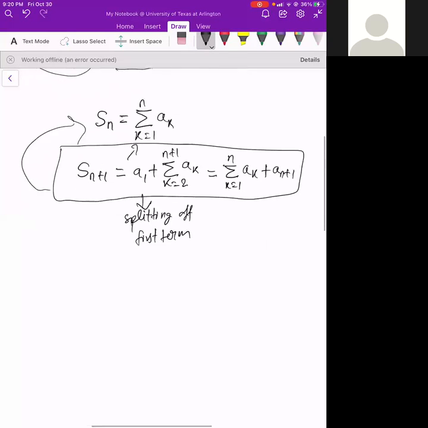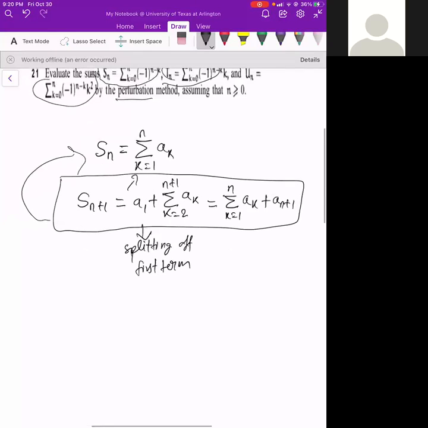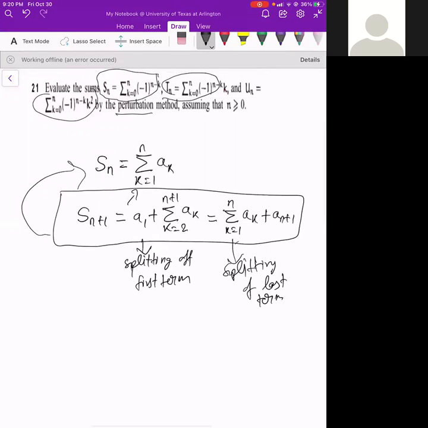Even though the idea of perturbation doesn't descriptively specify steps, after we start splitting the first term and the last term, we'll have an idea of how we can get Sn.